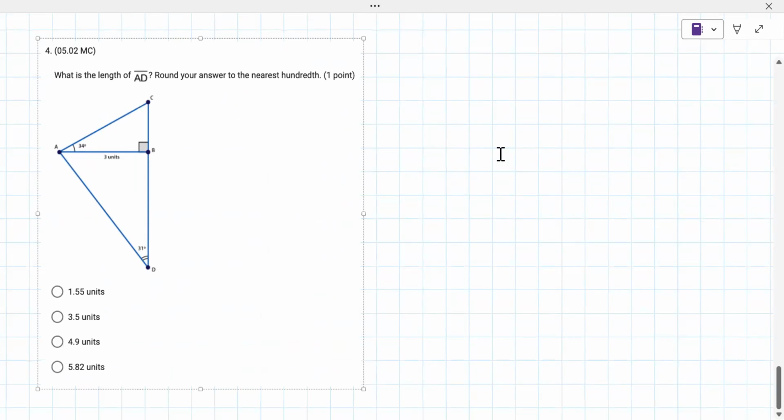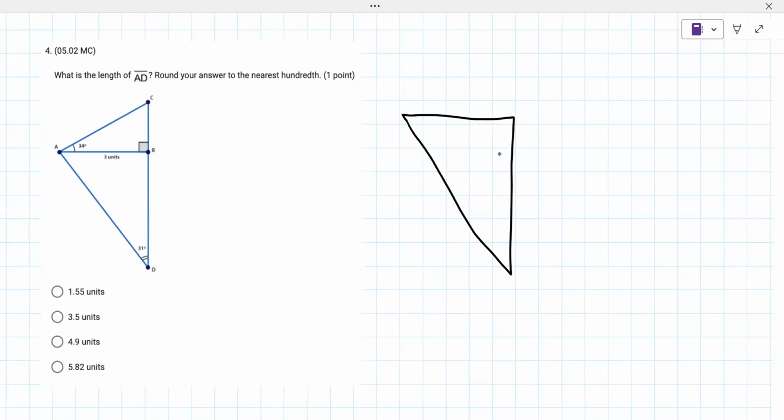So where is AD? Okay, AD is down here. Sometimes it's good to just draw the triangle that you care about, which is this one here on the bottom. This is 3. This is 31 degrees, and I'm just going to call this C for the hypotenuse. Like that.